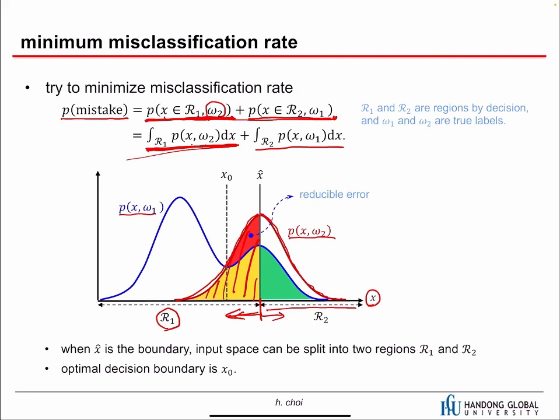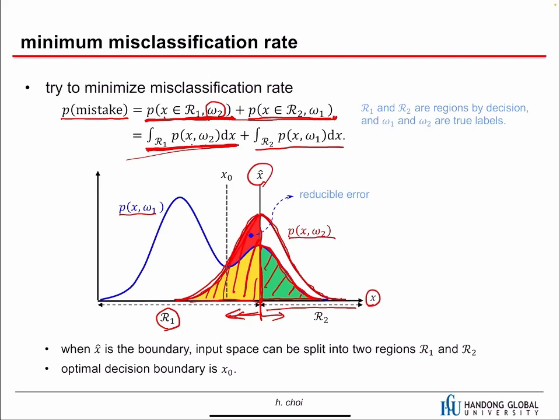But if the true class is 1, then this much is the misclassification rate. So in sum, we have to sum this area and this area. Okay, so this is the misclassification rate if we have x hat as the boundary.